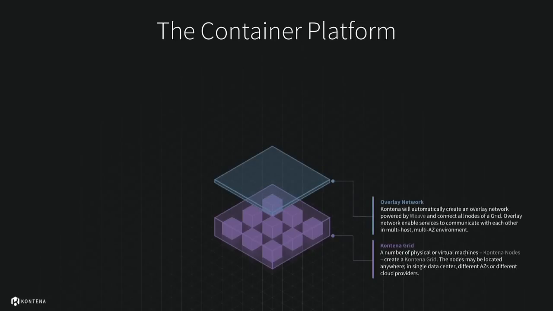Kontena automatically creates an overlay network on top of the grid nodes. What it basically means is that whenever we launch a container on whatever node in the grid, the container is always attached to the overlay network. This creates an easy to use networking solution for the containers, because the containers don't have to understand anything about the network.